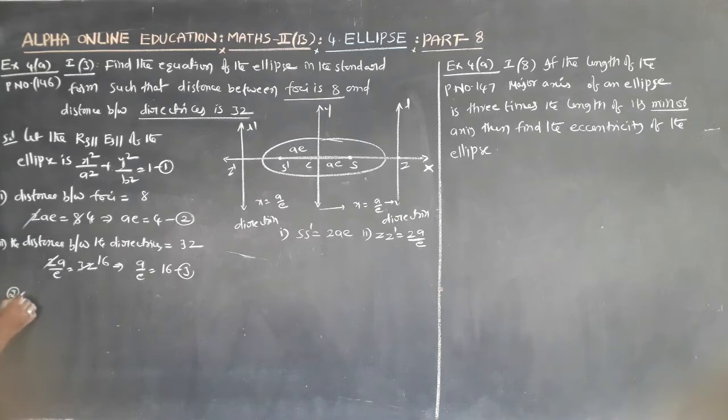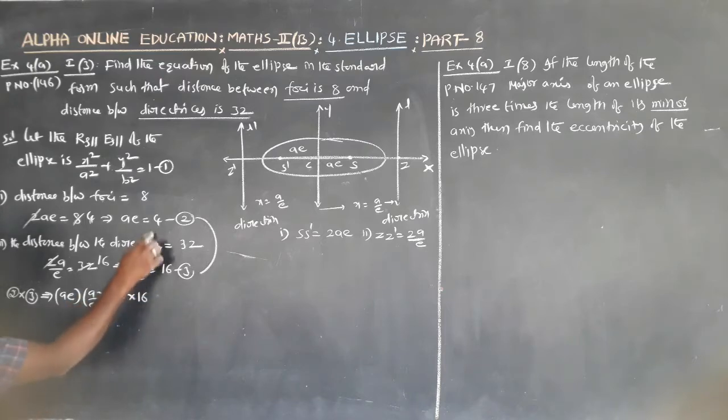Here, multiplying condition 2 and condition 3: AE into A by E is equal to 4 into 16. E and E get cancelled.